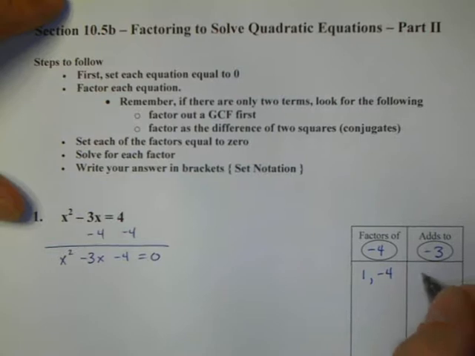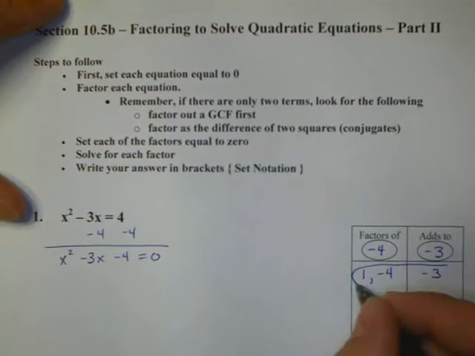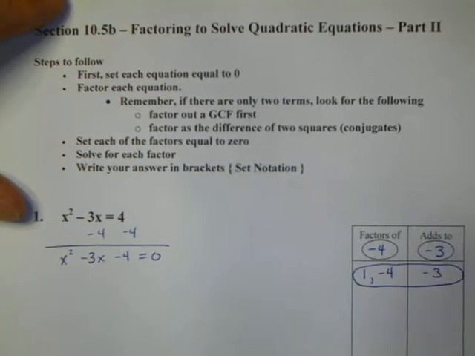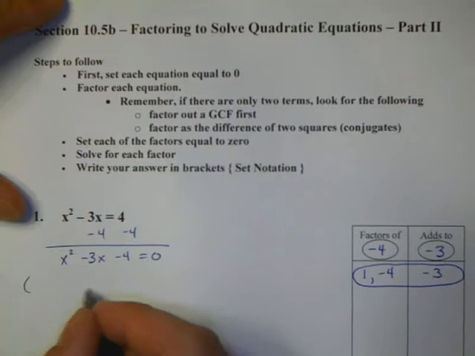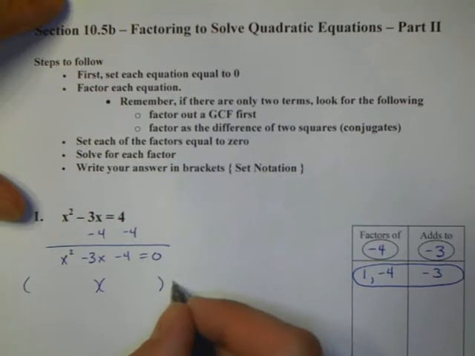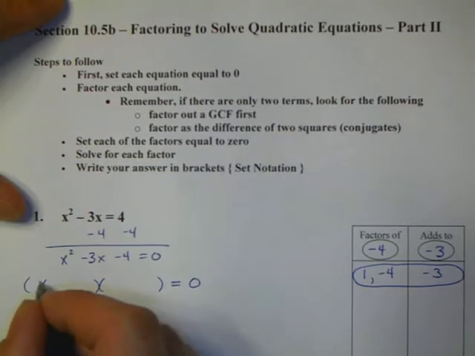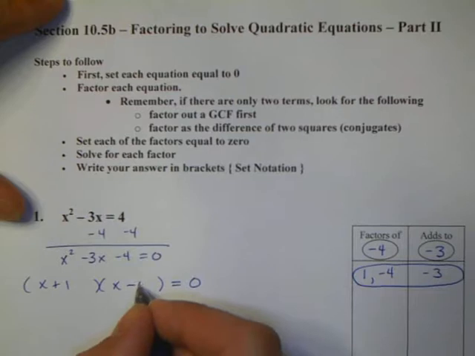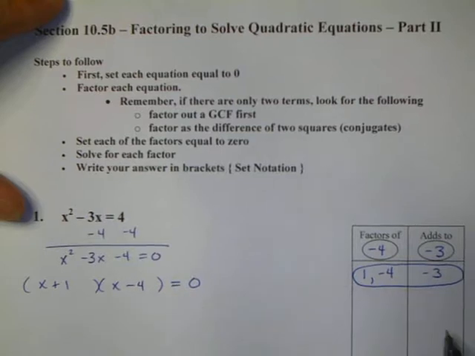So I'm going to say 1 and negative 4, and that is actually my factors. So my two factors are going to be x plus 1 and x minus 4. I can do this shortcut method because I have an x squared coefficient of 1 at the front.